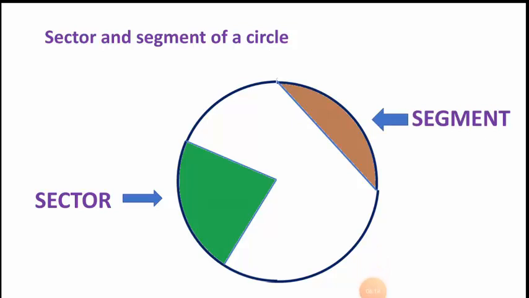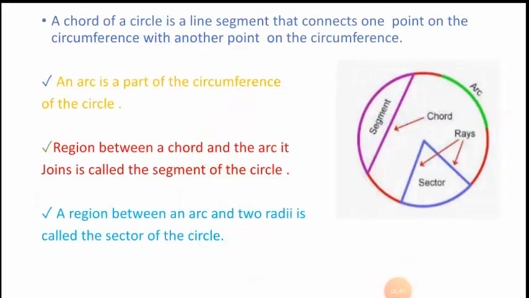Children, what we have learned just now is that the area enclosed between two radii and an arc of a circle is called a sector, whereas the area enclosed between a chord and an arc of a circle is called a segment. Now let's have a quick recap regarding the parts of a circle.